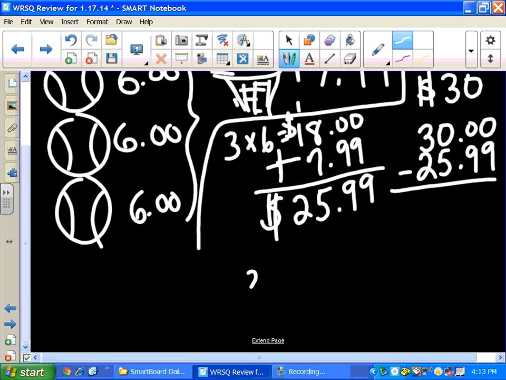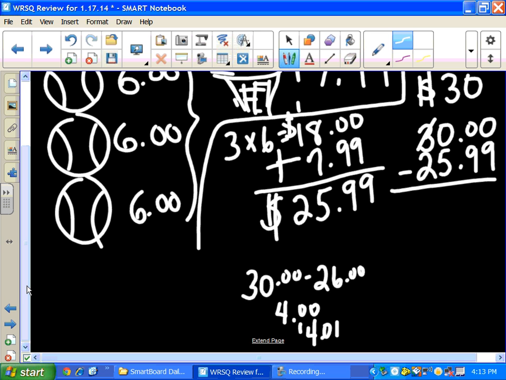So if I think of $30 minus $26, I know that that is $4. Well, I know that $26 was 1 penny too much that I subtracted out, so I need to add that back in. So therefore, I can adjust this, and I know my answer would be $4.01. But if you want to go through the long regrouping for this, we can do that.